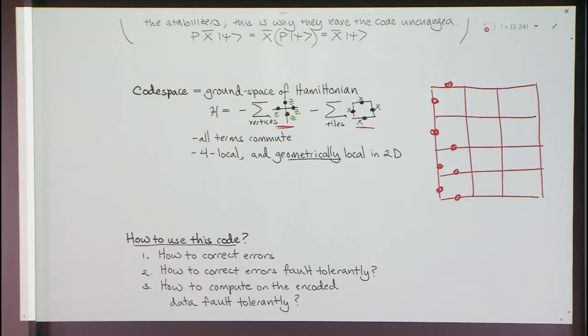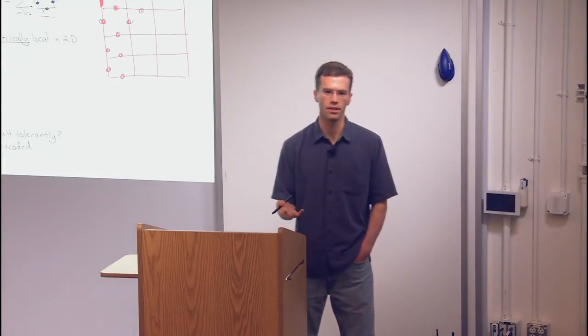For every tile, we have 4 X's, the way I've drawn it. For every vertex in the interior, we have 4 Z's. But for this vertex here, I just have 2 Z's. The parity has to be even, because I don't want a net that dead ends at this vertex. So I just have Z tensor Z for that one. There's nothing special, in other words.